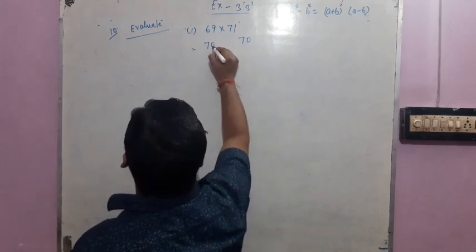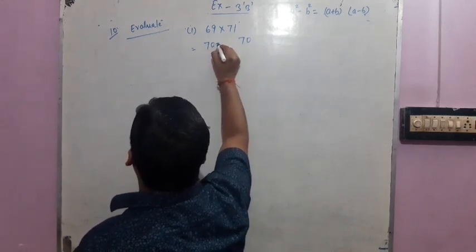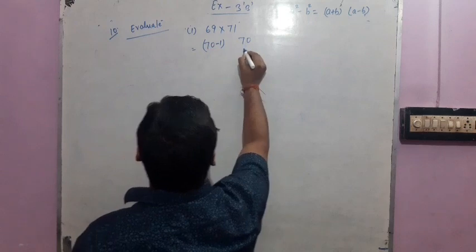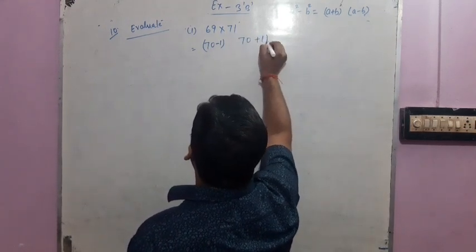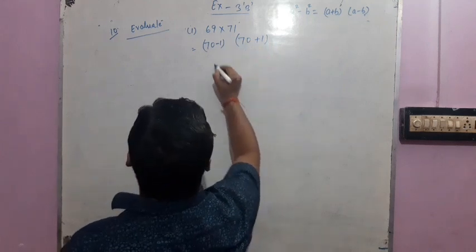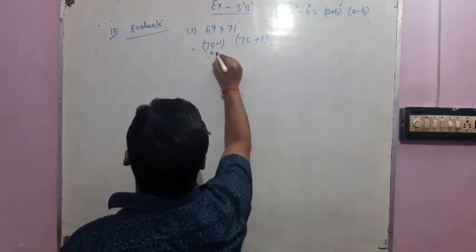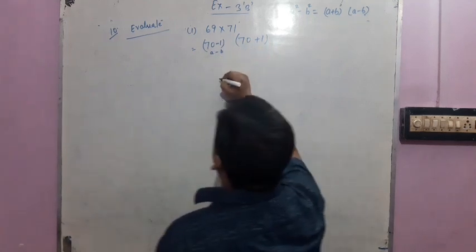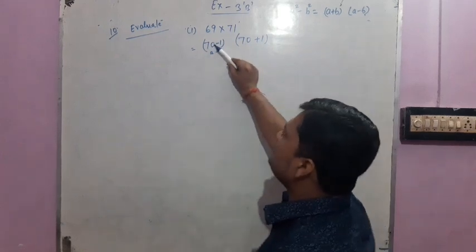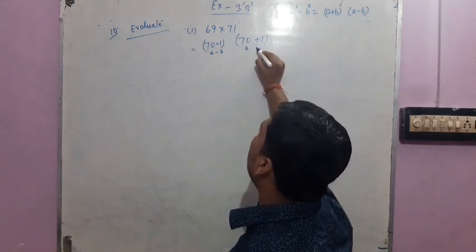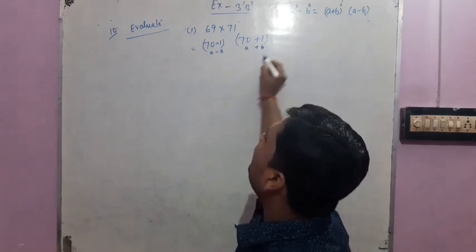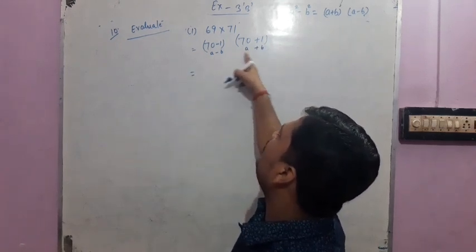So what do we subtract from 70 to make it 69? Of course 1. And what do we add to 70 to make it 71? Of course 1. Now we consider 70 as A and 1 as B. What is the formula of A minus B into A plus B?